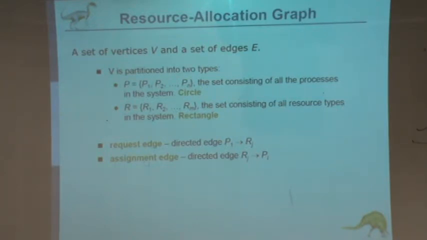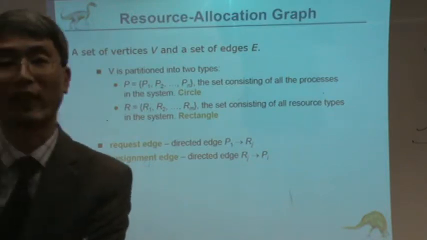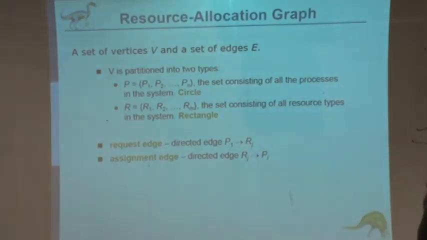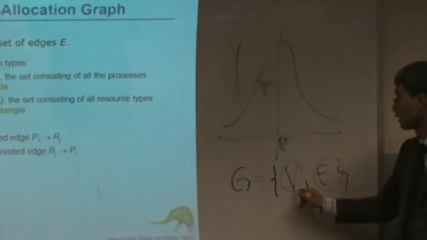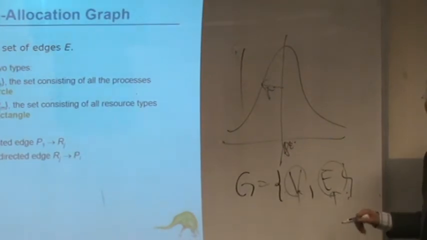Yes. A graph always starts with a definition like this. G, the graph, is a set of V and a set of E, or sometimes a different notation. What is V? Vertex. And what is E? Edges. A number of nodes and a number of edges.